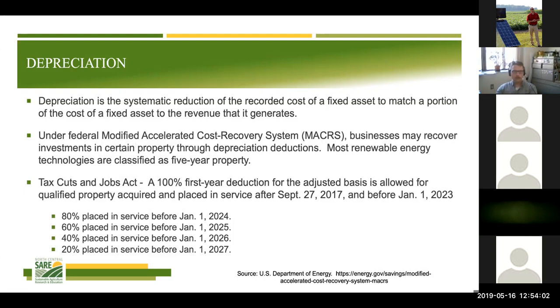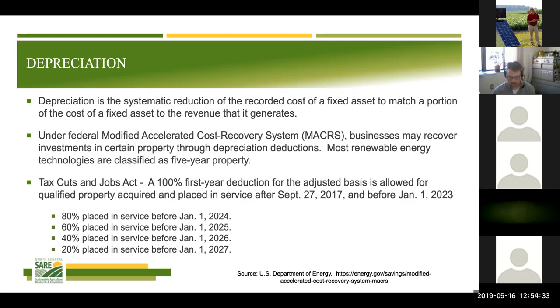One thing that's important to note as we think about depreciation, and this can get a little clumsy when we start talking about different tax credits and depreciation and grants and so forth: if the 30% tax credit is claimed, and I can say I've never advised or been involved with a project where the 30% investment tax credit wasn't used, so in most cases this will happen.